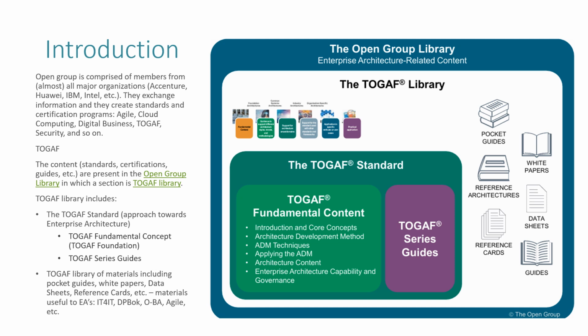It will introduce you to TOGAF. Second is the architecture development method. This provides the details about how we actually create the architecture for an enterprise. Now, while creating the architecture, we apply some techniques also.